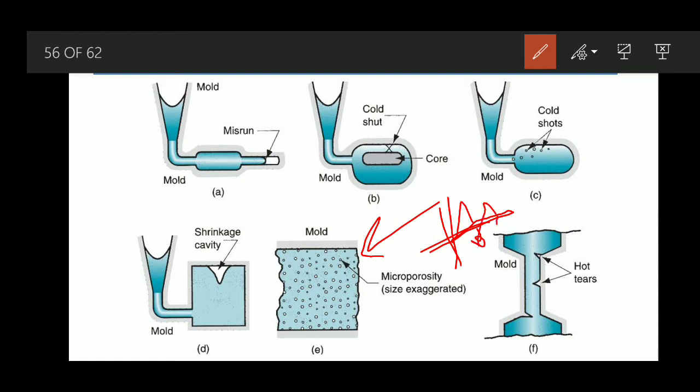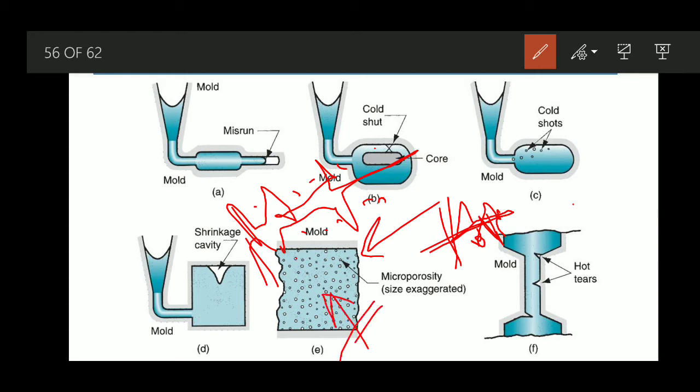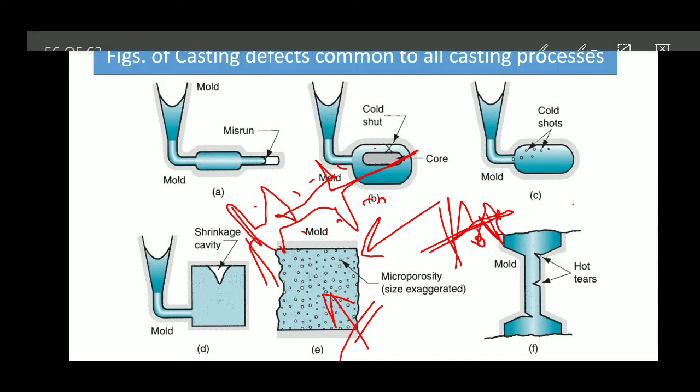So we may have this kind of microporosity throughout. Here in this figure it shows various microporosity, and as the name itself is micro, definitely it is at the micron level. So here the figures are exaggerated.